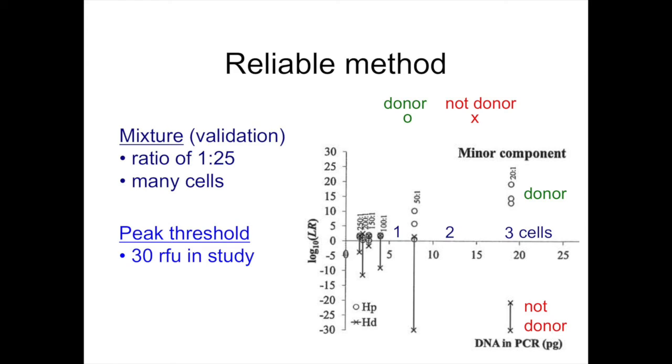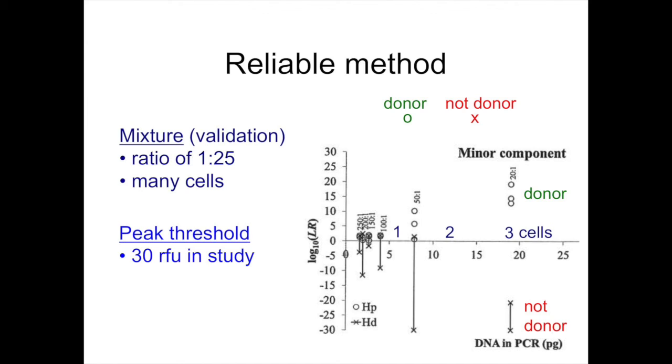When the minor component comes from a donor, labeled in green, the circles above the x-axis show positive match statistics in the quadrillions, and on the bottom right, below the x-axis line, non-donors produce exclusionary statistics under 1 in a quadrillion. At this level, the software can separate donors and non-donors by their match statistics.